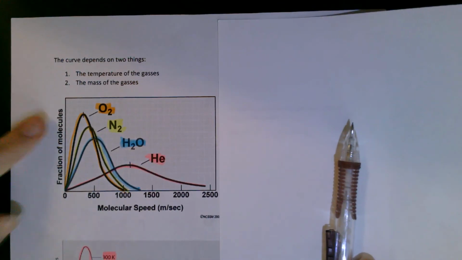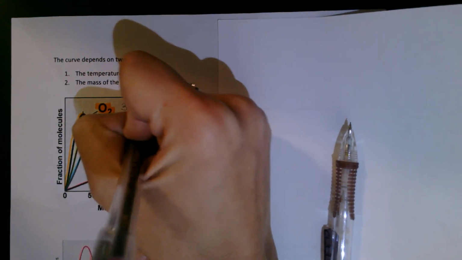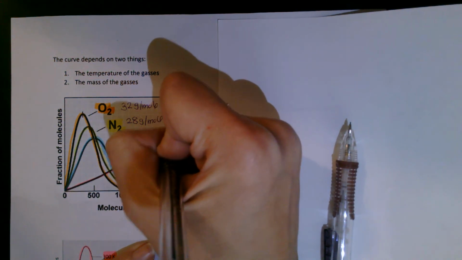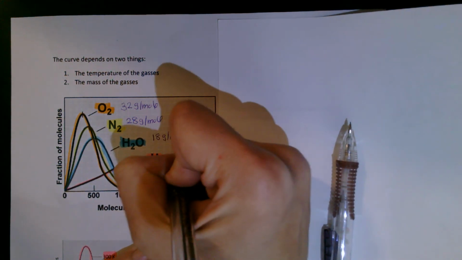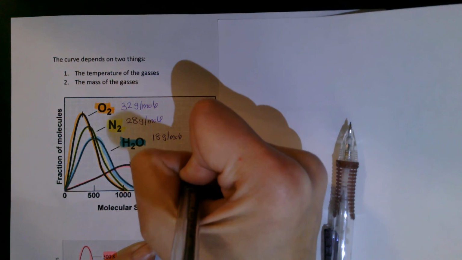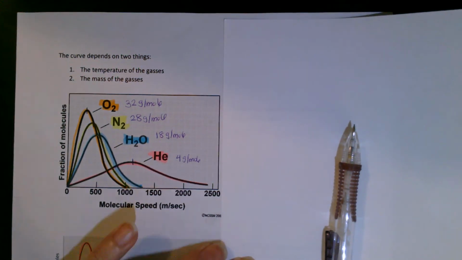Again, it depends on the mass of the gas. So O2 is around 32 grams per mole, N2 28 grams per mole, water 18 grams per mole, and helium 4 grams per mole, with some decimal places there.